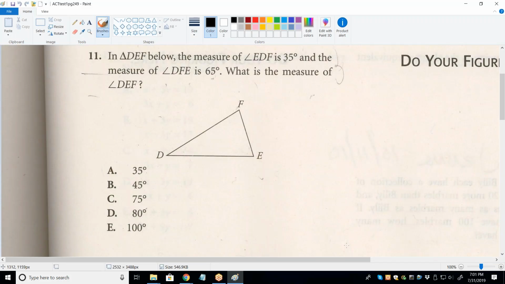Okay, geometry problem. Now, know that the ACT has about the same number of geometry problems as it has algebra problems. So you definitely, and most people, it's been a lot longer since you took geometry. What year are you in, Brandon? When's the last time you took geometry? Okay, so it's been at least 2 years for most everybody.